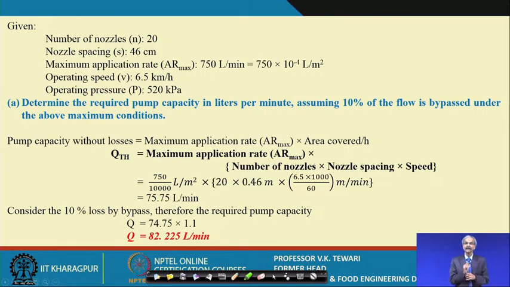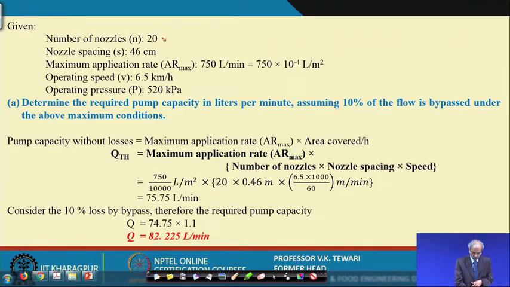So, what is given here? The nozzles, as I said, have been given to you, the nozzle spacing is also given to you, then the maximum application rate is 750 liter per hectare. You may want to change it to per square meter, you can check this.